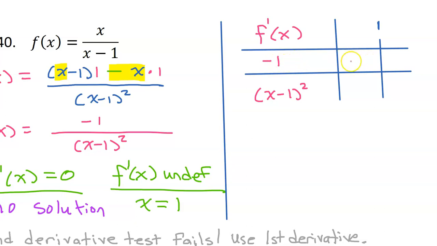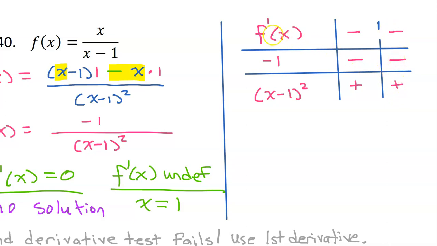Of course, -1 is always negative, so bam, bam. But what about x minus 1 squared? Well, the whole thing is being squared, so guess what? That's going to be positive in every interval. So we have a negative divided by a positive, that's a negative. Another negative divided by a positive, another negative.